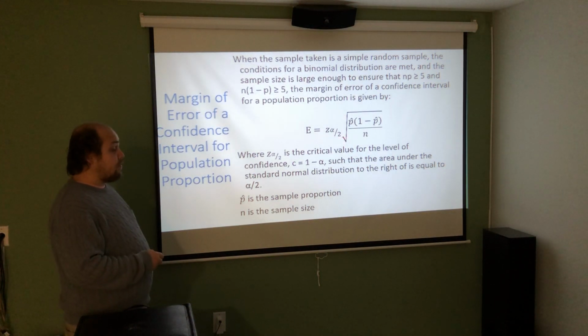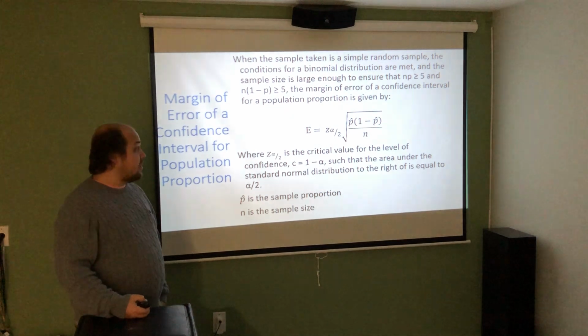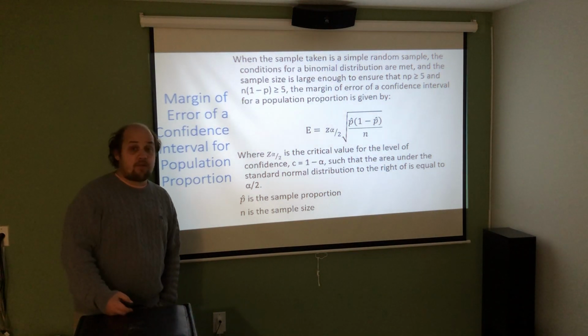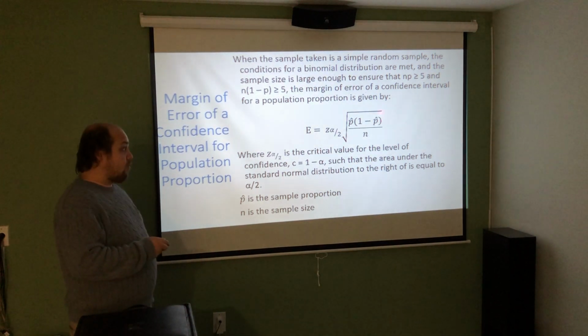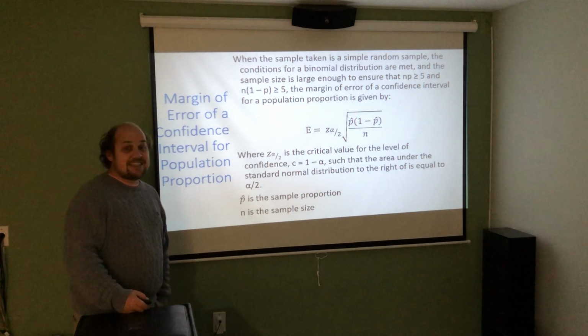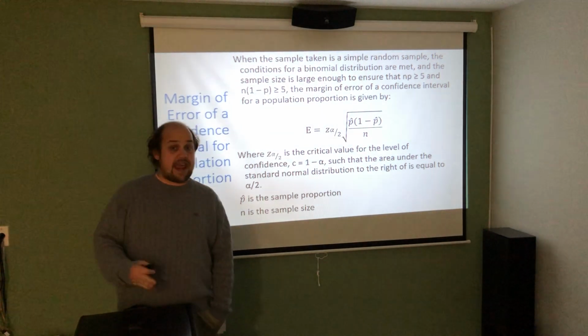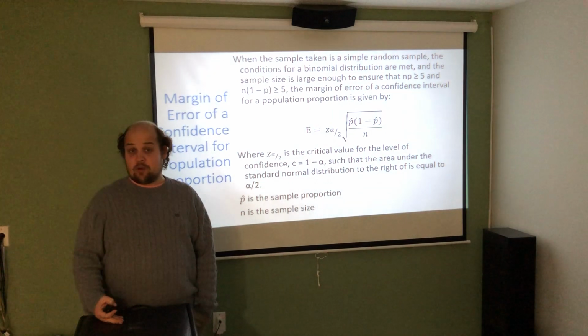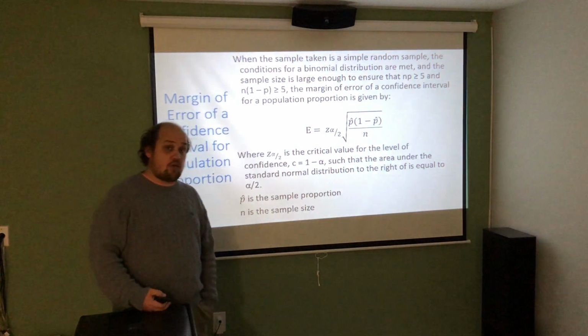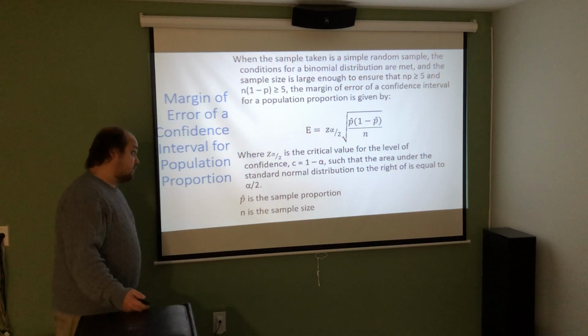We then are multiplying by the exact same thing that we used to divide our z-scores for proportions. The square root of p hat times 1 minus p hat over n. Remember that p hat is the sample proportion represented by x over n, where x is the number of people who fit the trait we're looking for, and n is the total number of people in the sample.